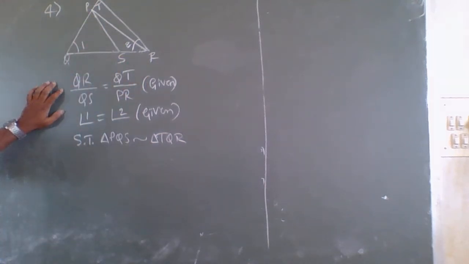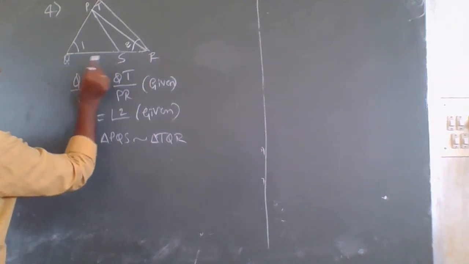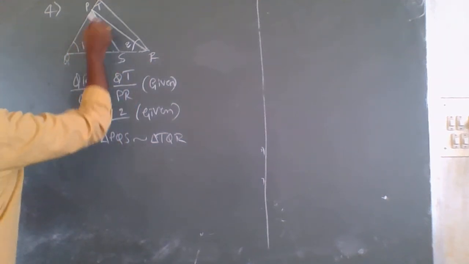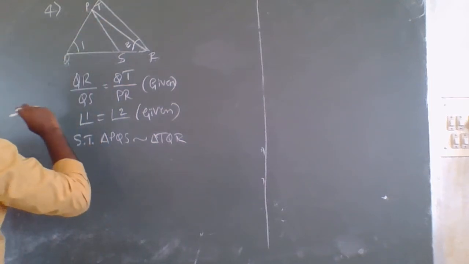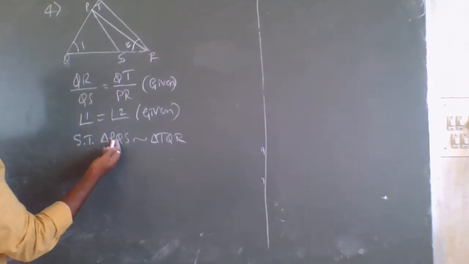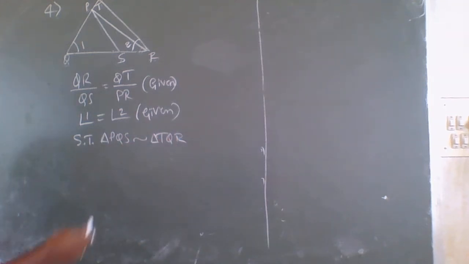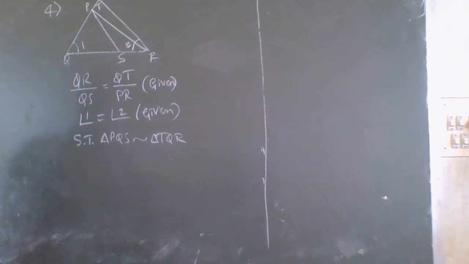If they had given, for example, QR by QS equals QT by PQ, then we can tell that corresponding sides are proportional in PQS and TQR, and they have shown that these two angles are equal in these two triangles.